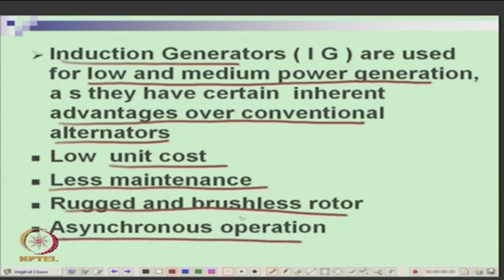The great advantage is no synchronization is required. For synchronous machines you must do a synchronization, run it to the same frequency. Here you do not have to bother about it. You can start it as a motor and run as a generator. You must remember these at any time, because if you talk to someone on induction generators, the next question he will ask is why you go for an induction generator.